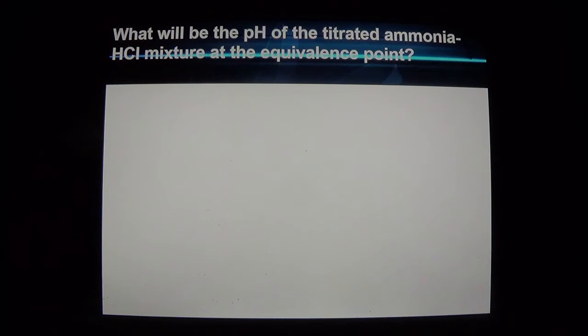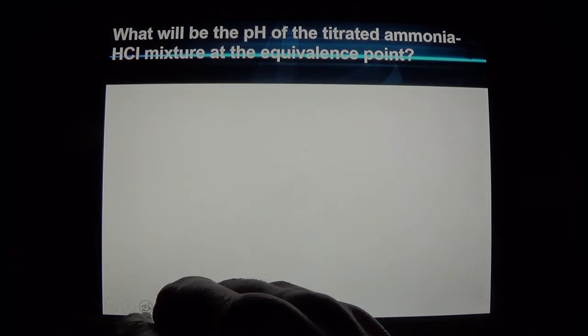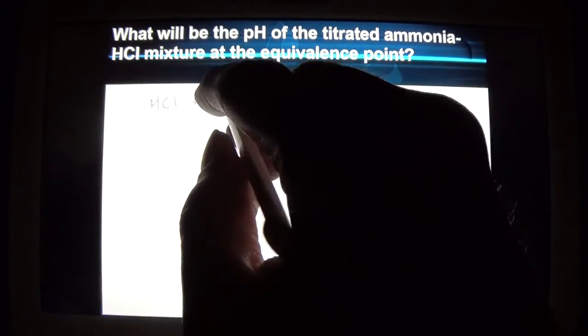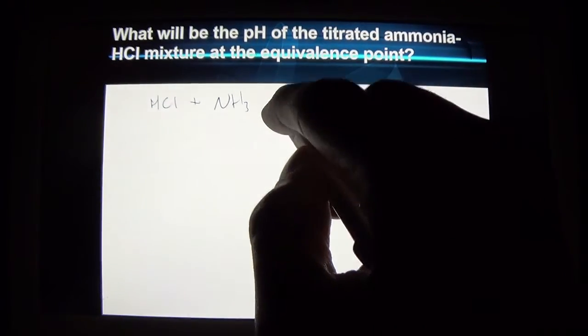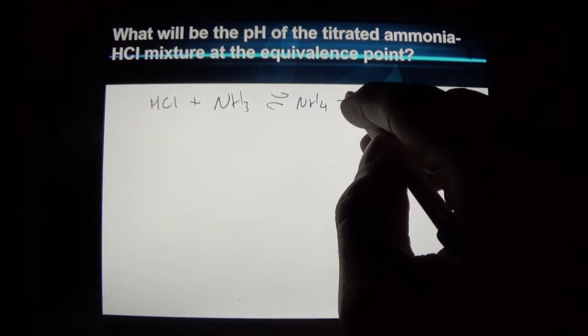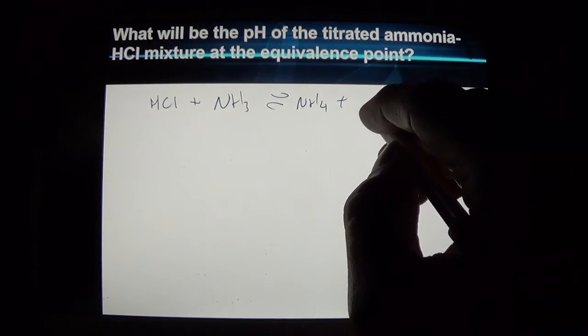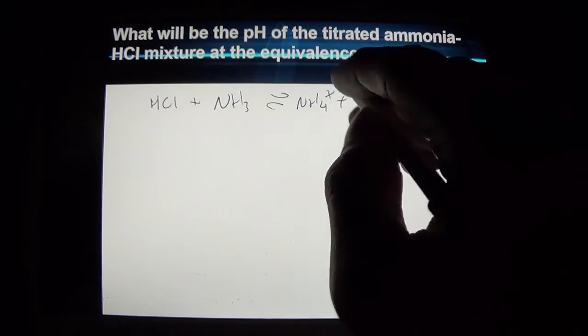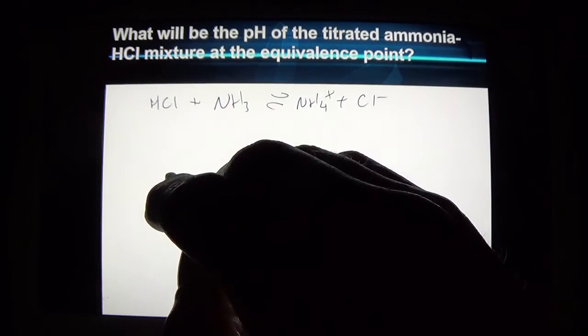But here's how it actually is going to work out. Here's why. My HCl, when titrated with my NH3, is going to give me NH4 plus and Cl minus. What I care about is this ammonium. So watch that ammonium as we work.